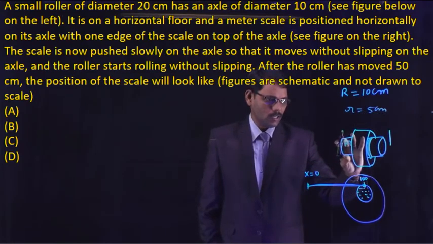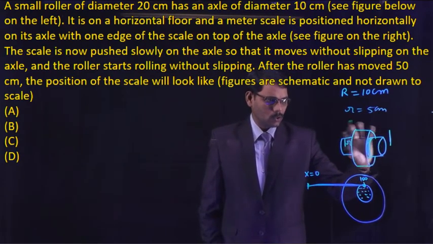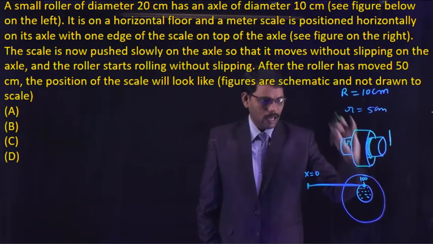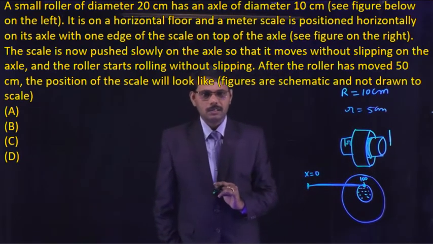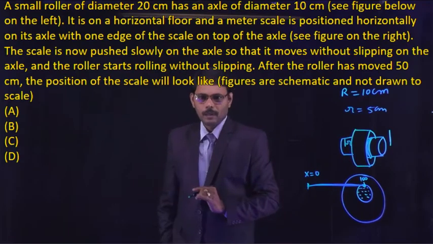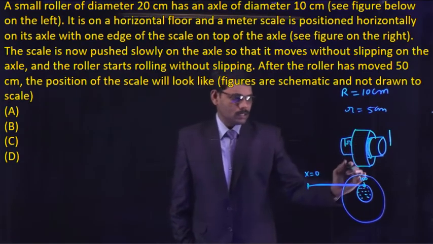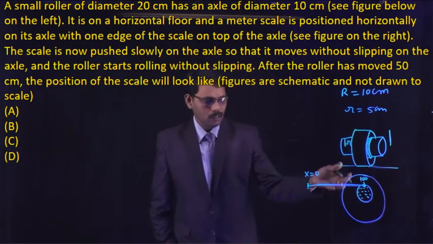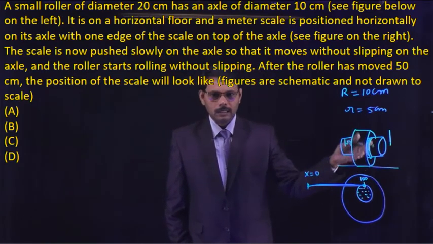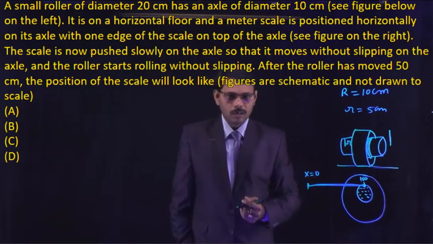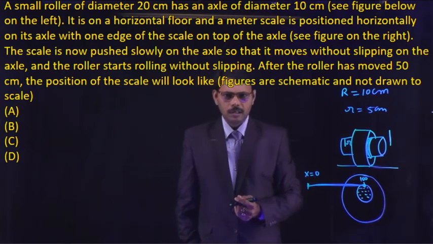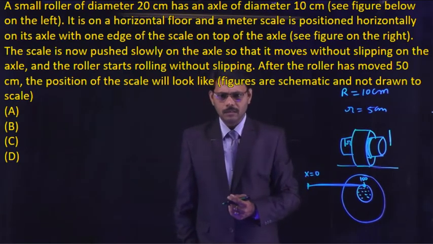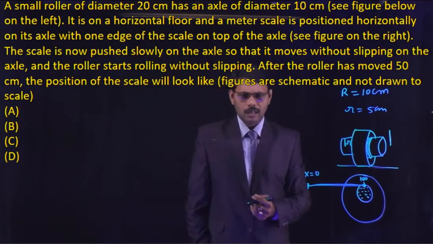This is known as the axle. This is the roller. This roller has this axle. The axle radius is 5 centimeters. This roller is kept on a horizontal floor as shown in the diagram. These diagrams are given in the problem, and they are kept on a horizontal floor, and a meter scale is positioned horizontally on its axle with one edge of the scale on the top of the axle.